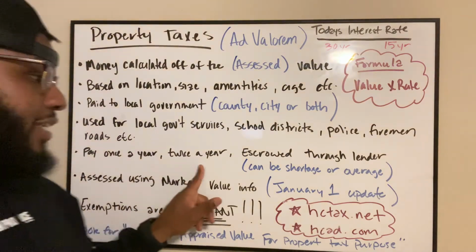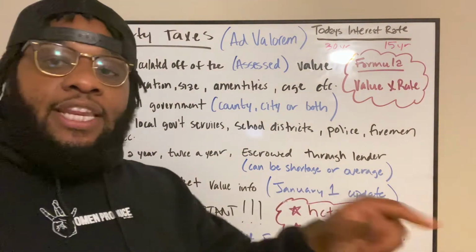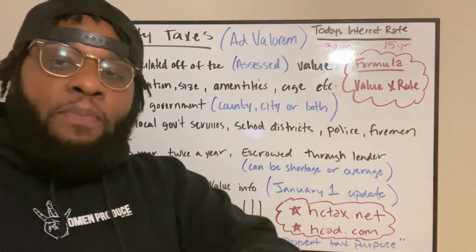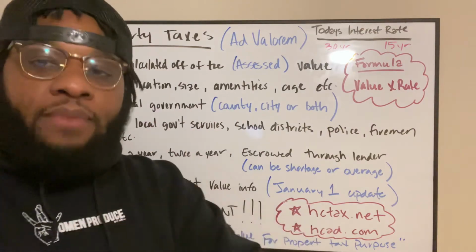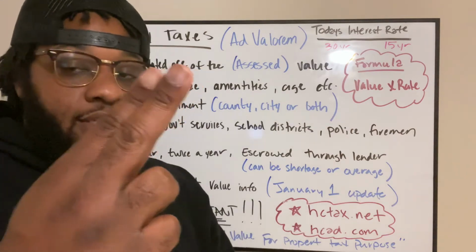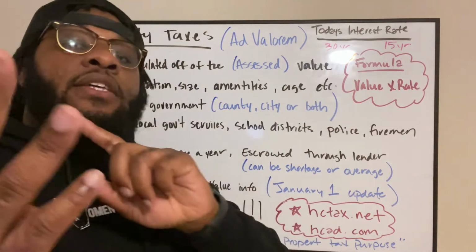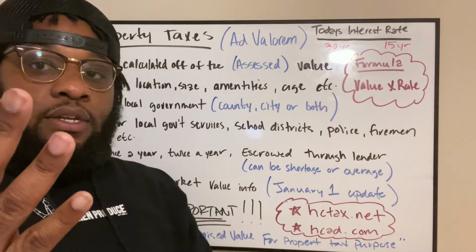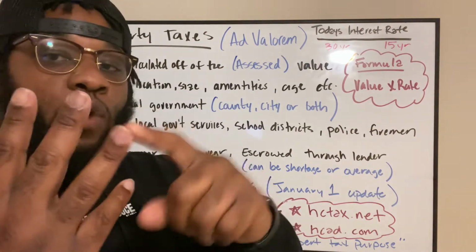Pay once a year, twice a year, or 9 times out of 10, if you are with a lender and you pay a loan or mortgage every month: principal, interest, those don't change, taxes, and insurance, all right? Those 4 things. Taxes is one of them.